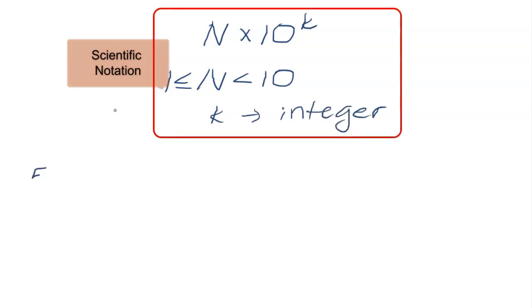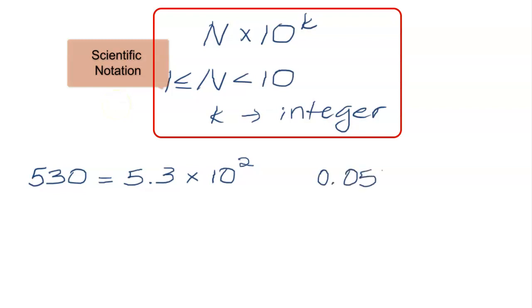For example, 530, a number written in standard notation, will be 5.3 times 10 to the second power in scientific notation, and 0.053, 53 thousandths, written in scientific notation, will be 5.3 times 10 to the negative 2 power.